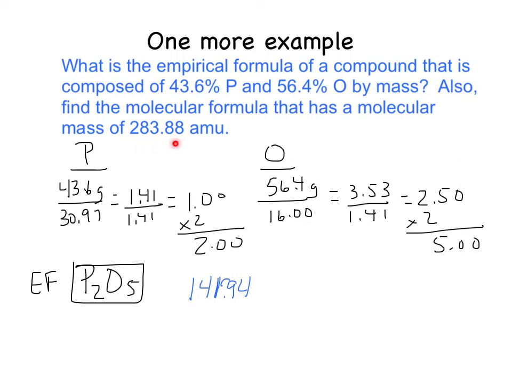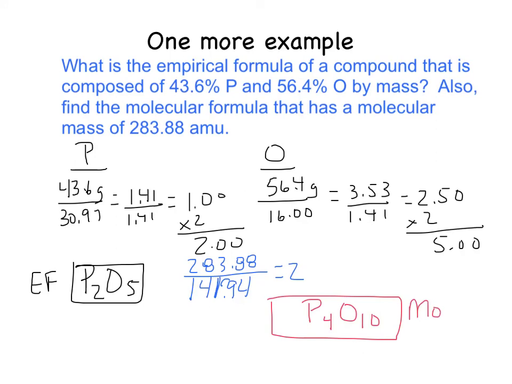I look up here, here is my molecular formula mass, so I need to find out how many times this goes into that, and so I take that bigger number, 283.88, divided by this, and I get 2. Which means that there are 2 of these empirical formulas in the molecular formula, which means my answer would be P4O10. That is my molecular formula. I want to put molecular formula right there.